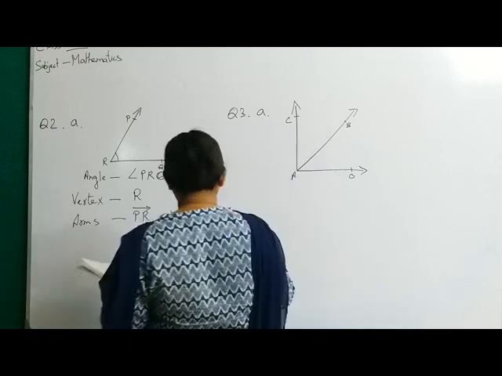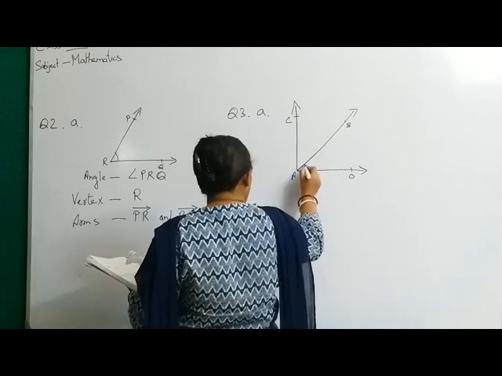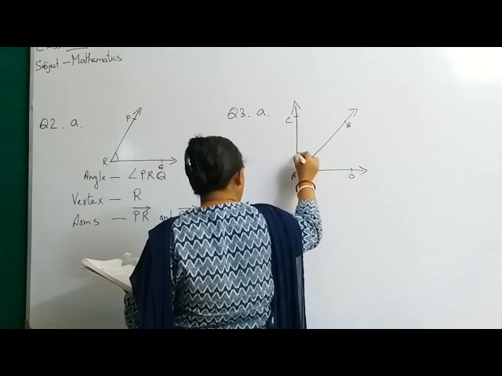How many angles are there? 1, 2 and this whole one.